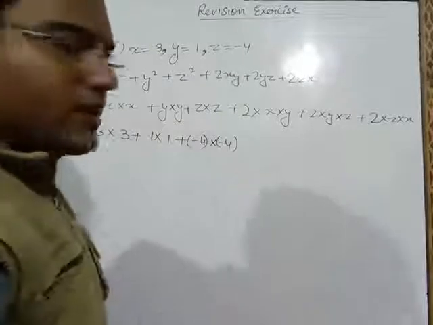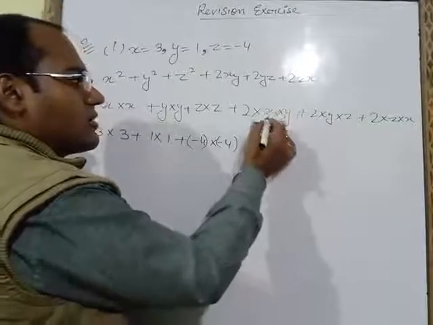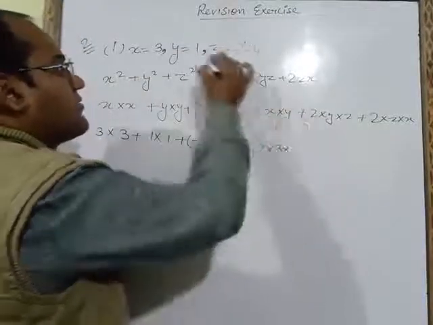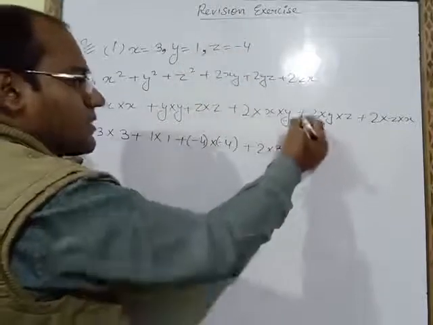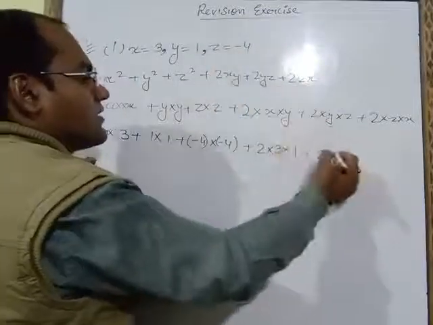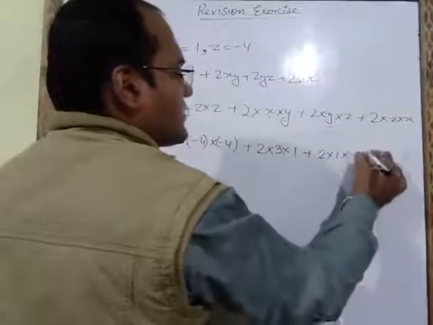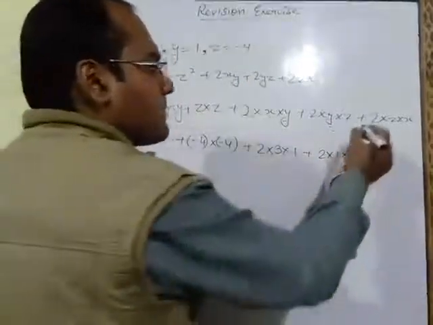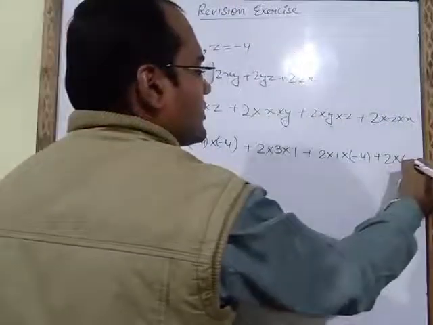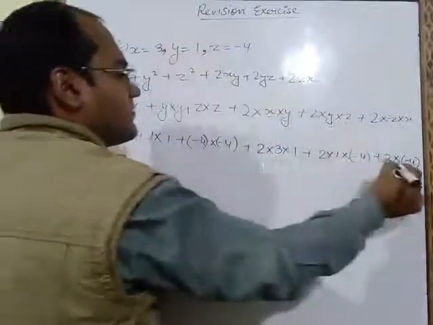Plus 2 into x, x value is 3, into y, y value is 1, plus 2 into y, y value is 1, into z, z value is -4, that's why we will take a bracket, plus 2 into z, z value is -4, so in the bracket, multiply x, x value is 3.